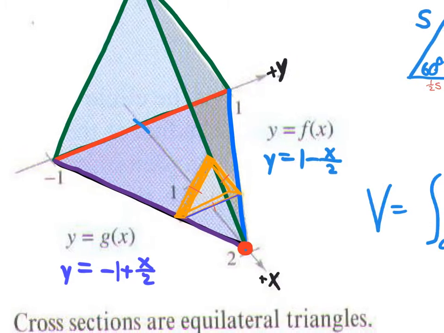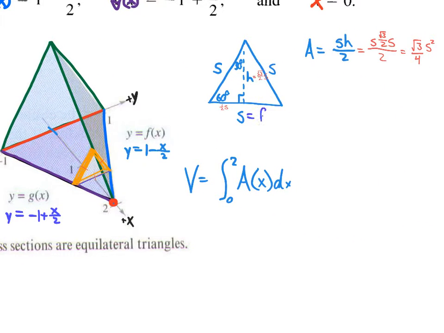So I'm doing, the side is f minus g. Okay? Well, that's 1 minus x over 2 minus a negative 1 plus x over 2. So I have 2 minus 2x over 2, or 2 minus x.